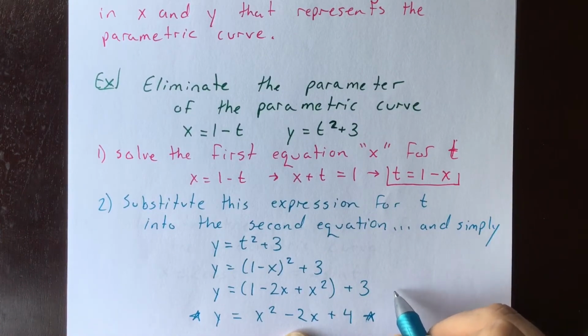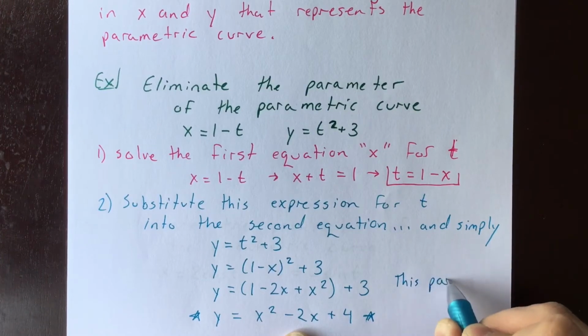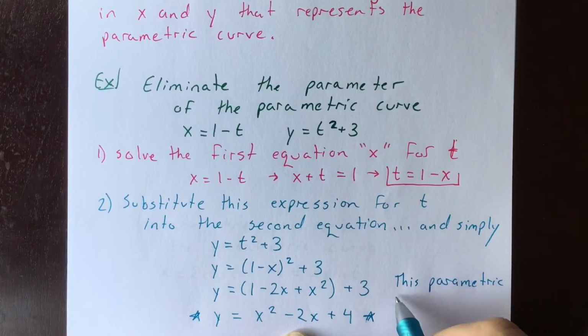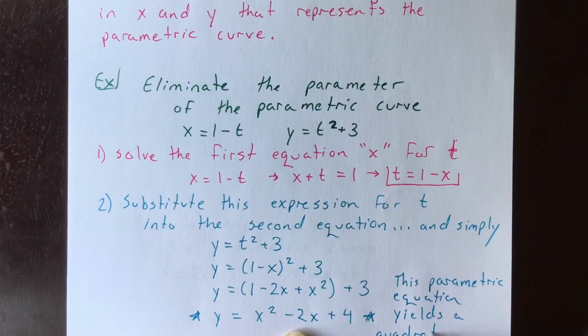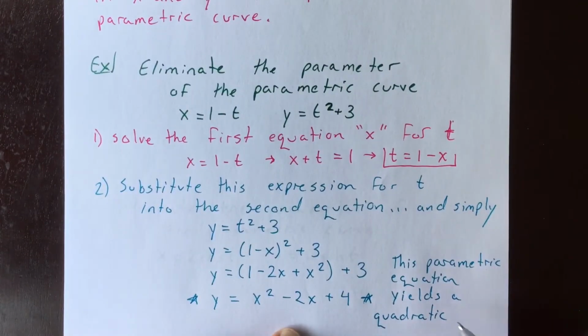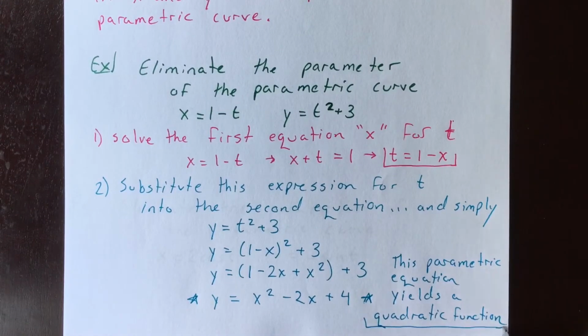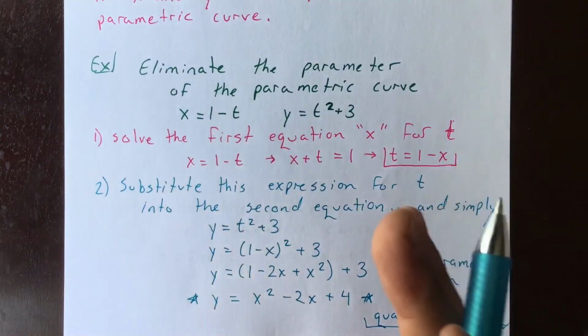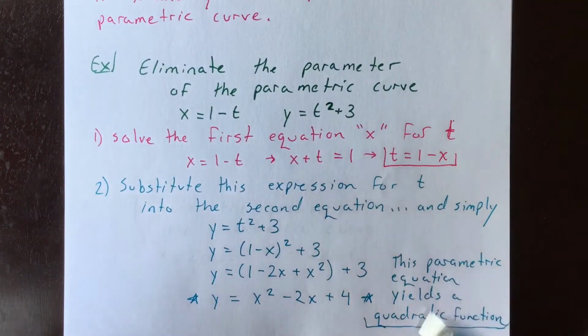So this parametric equation yields a function, a quadratic function. Believe it or not, that's it. Solve typically the first equation for t, substitute it into the other equation, and simplify. It's that easy, guys. The only way this could become more complex is what the separate equations are.